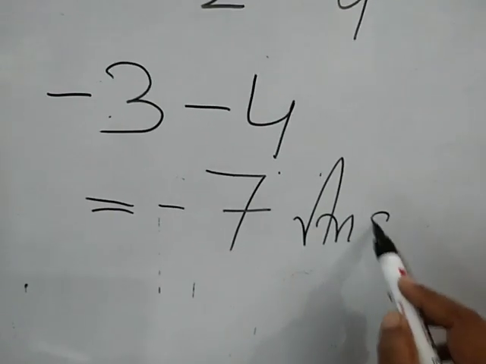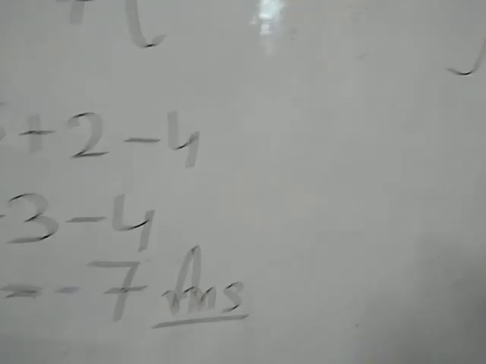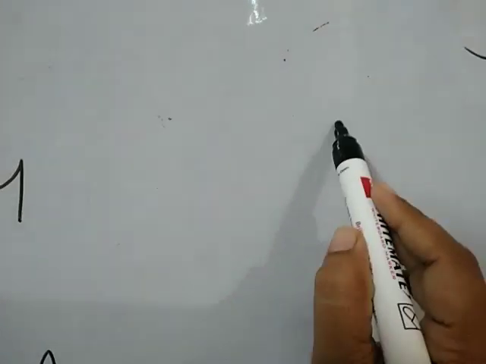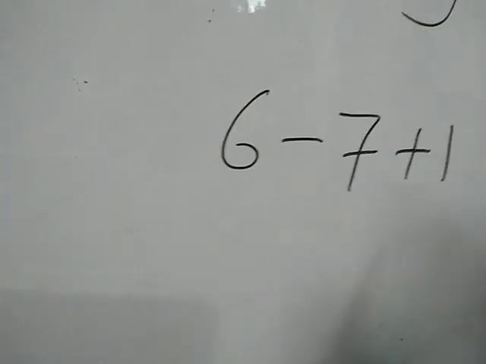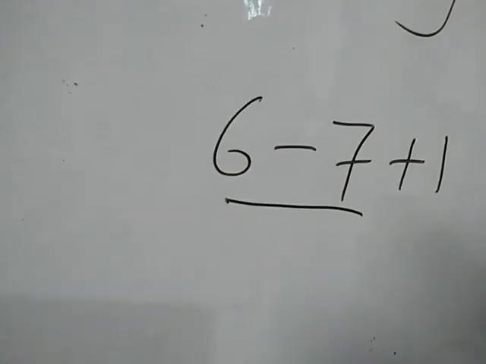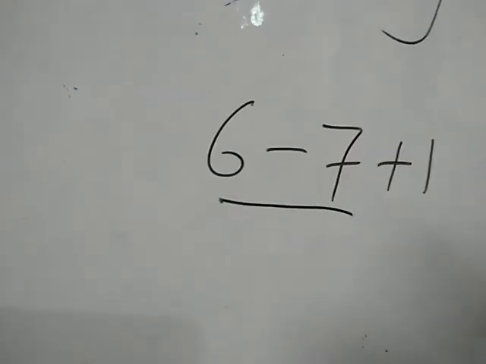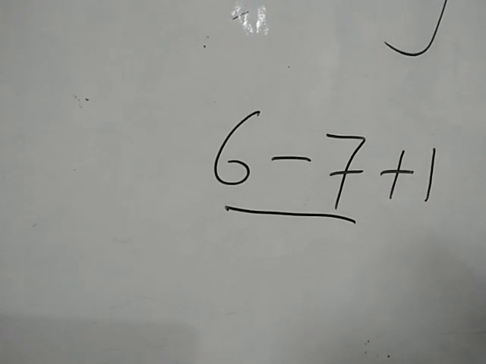This is the answer. Okay, one more example. 6 minus 7 plus 1. So take the first two. 6 minus 7, one number is positive and the second is negative, so we have to subtract both of them.